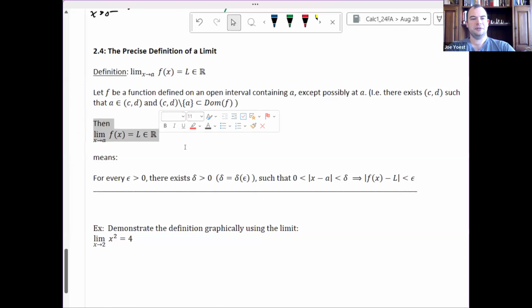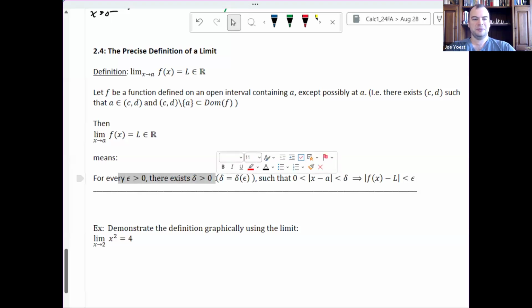Then we say the following. We say this notation, limit x goes to A, f of x equals L, a real number, means the following. This is the so-called epsilon delta definition of limit because it uses epsilons and deltas. You don't have to use epsilon and delta, but everybody does, so it's always written this way.